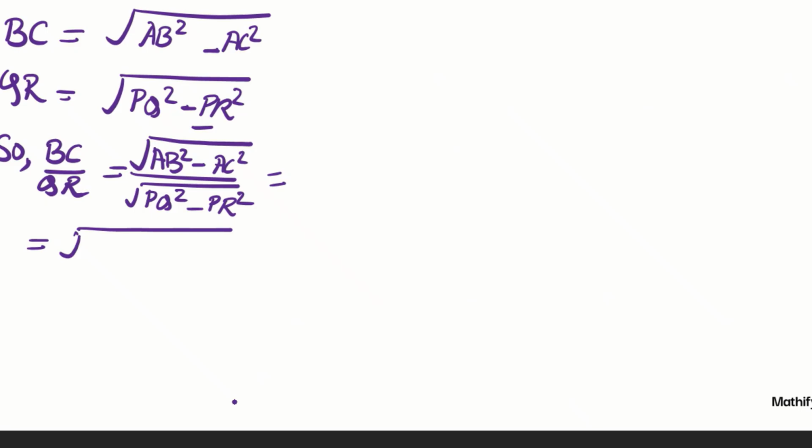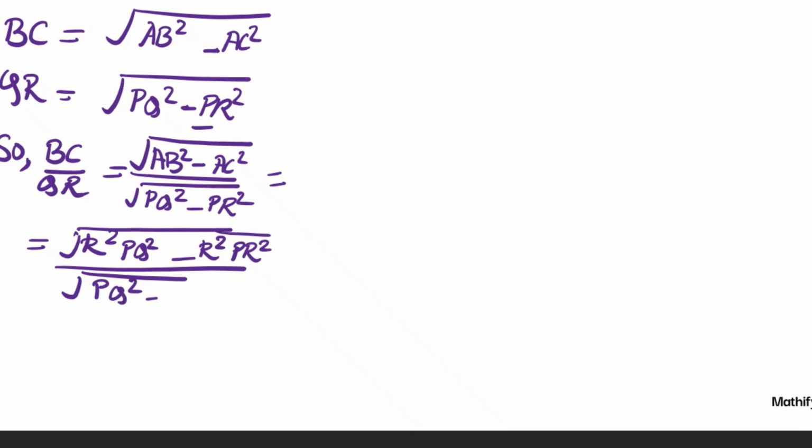So I am just writing this: K square PQ square minus K square PR square over, I have just converted into PQ and PR only. So it will give you PQ square minus PR square.